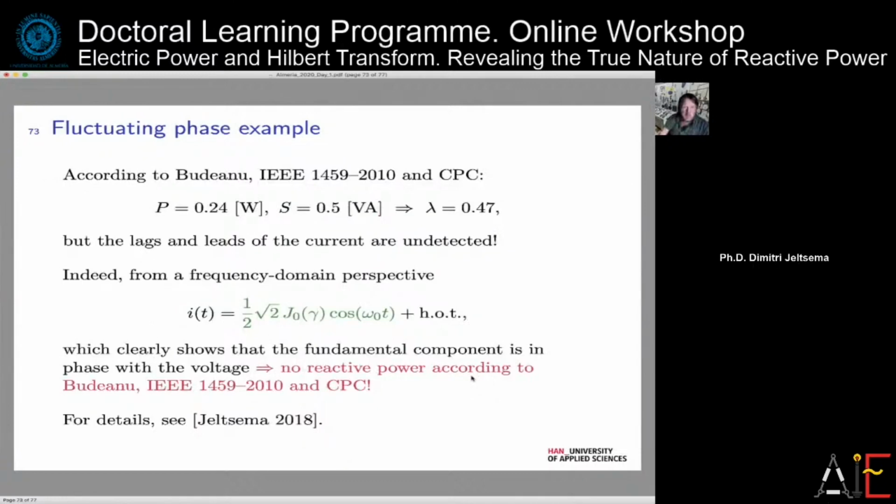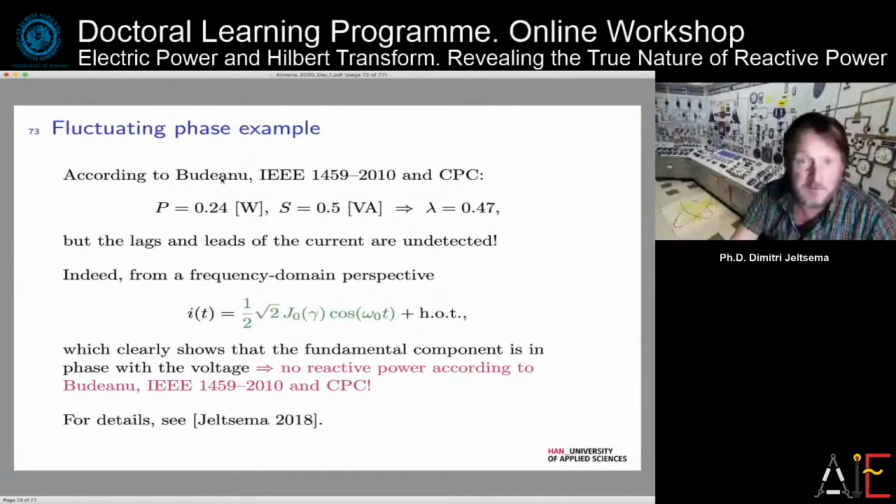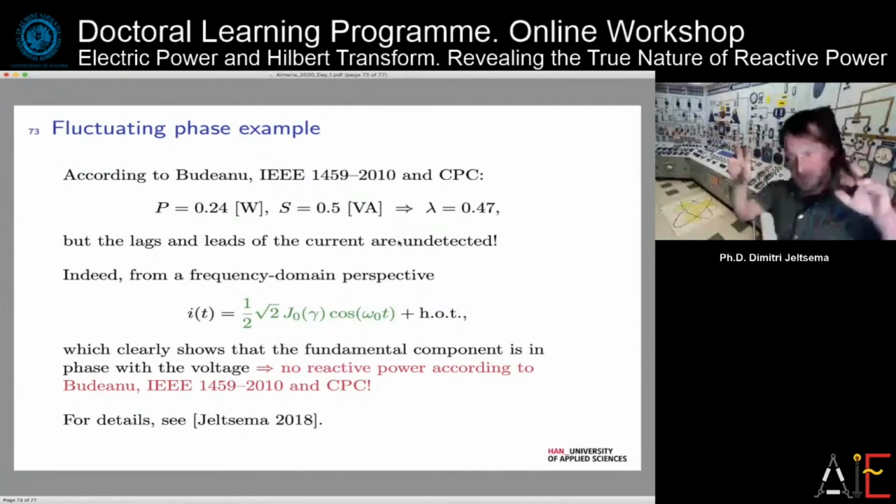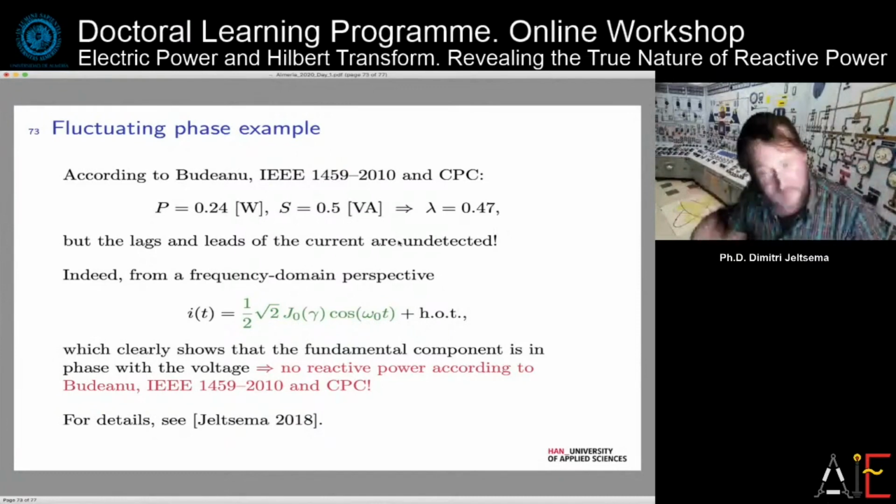Well, according to Budeanu, the IEEE and Currents' Physical Components, this was the situation precisely. But what they all do not detect is that you have these phase shifts going on. There is some reactive power, or imaginary power rather.